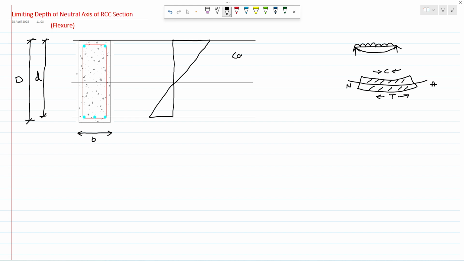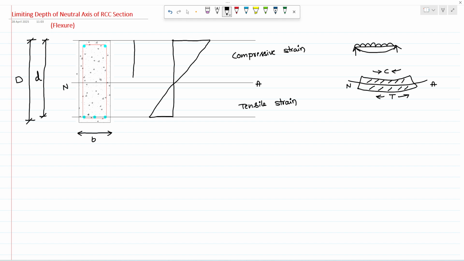So this is compressive strain, and this is your tensile strain. So this is your neutral axis. The neutral axis is an imaginary line which divides the area of compressive strain and tensile strain. Clear?